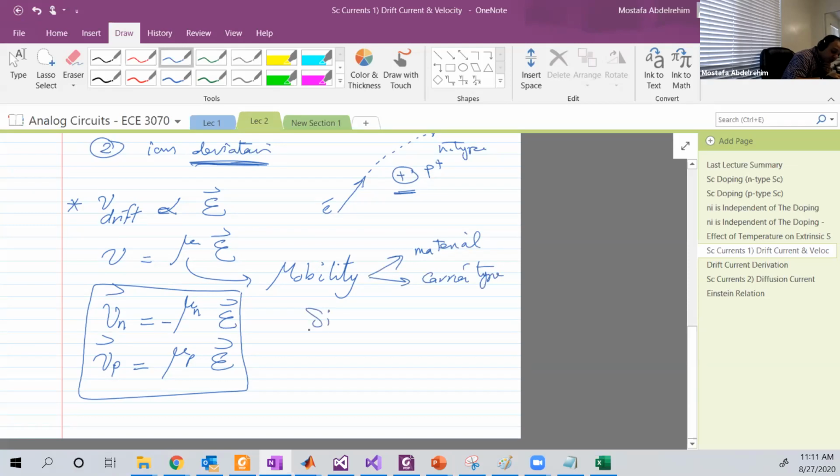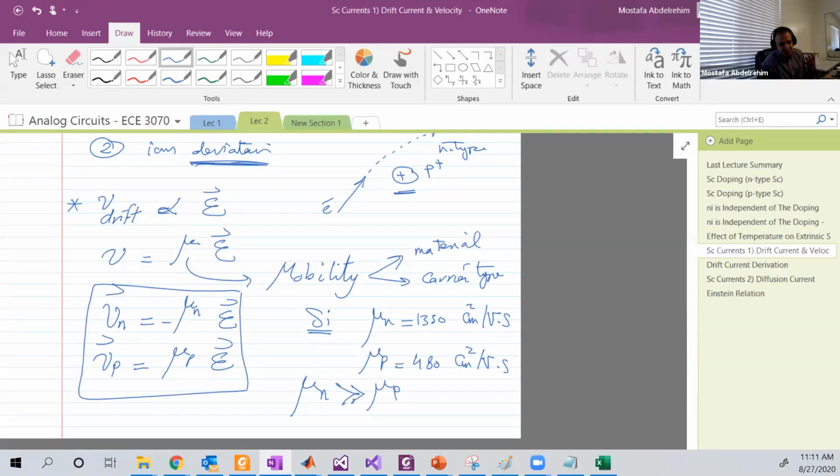So in silicon, for example, mu n is equal to 1,350 centimeter squared per volt second, and mu p is equal to 480 centimeter squared per volt second. Oh wow! We notice that mu n is larger than mu p. It's almost three times larger.